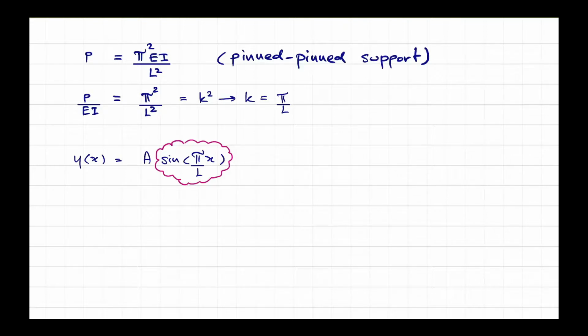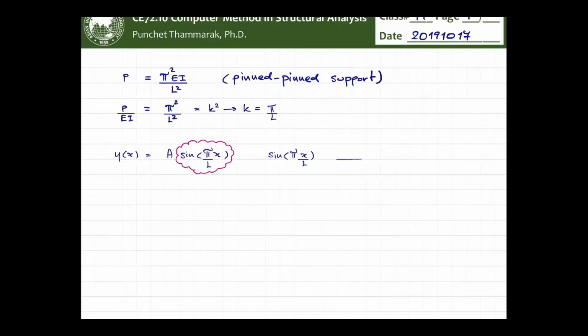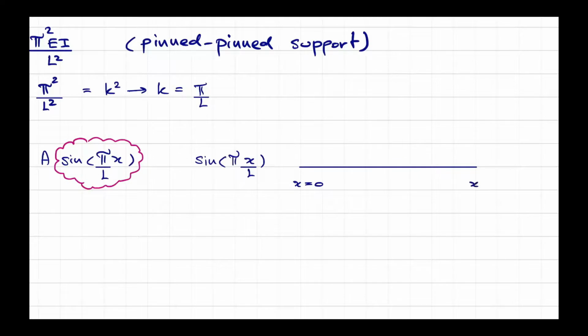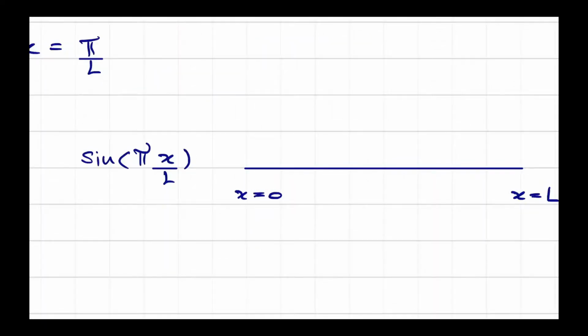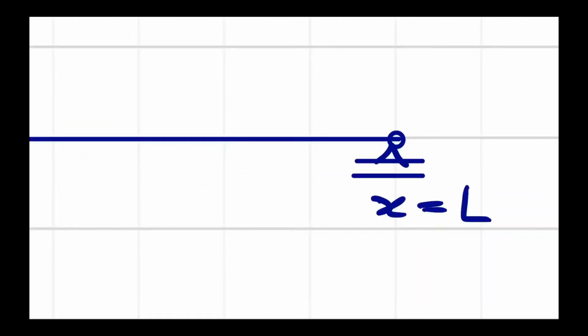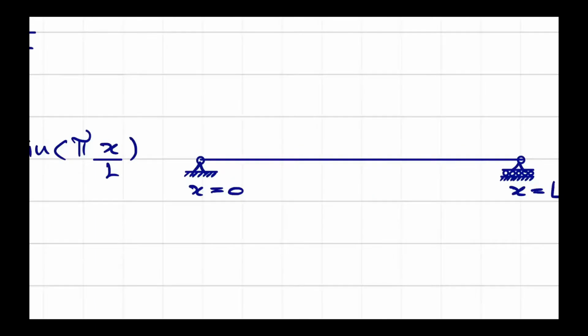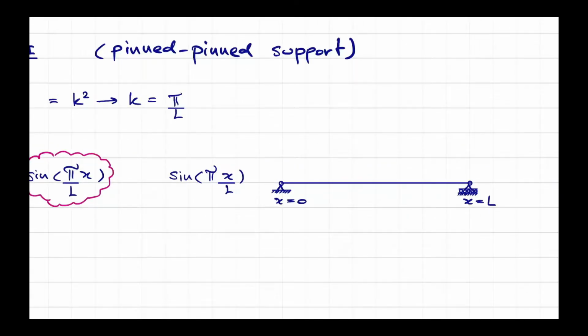So if you look at this, the sine of pi x over L ratio, your beam from x equals 0 to x equals L. We can draw the deformed shape, which is given by this sine function.